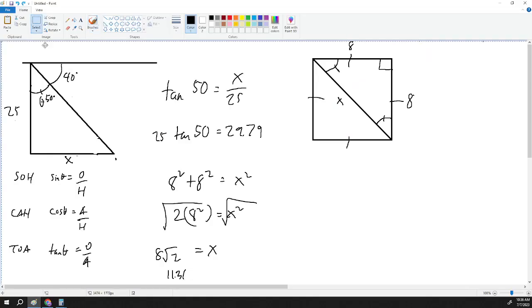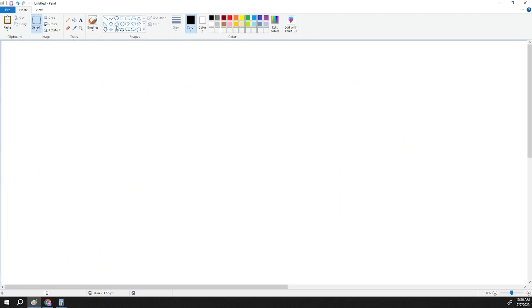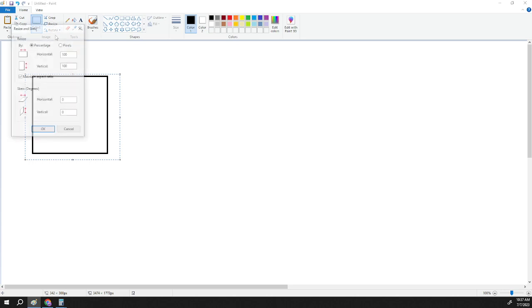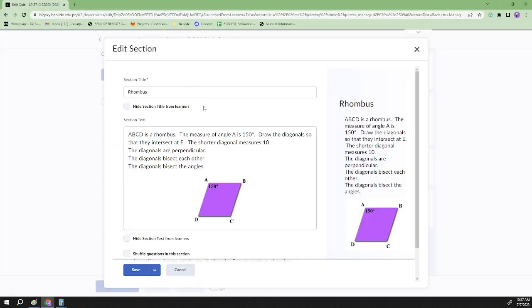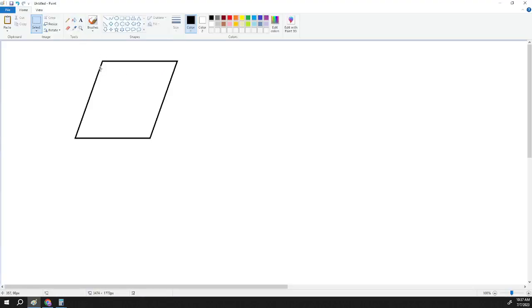Given my rhombus, it says 150, right? This is 150.